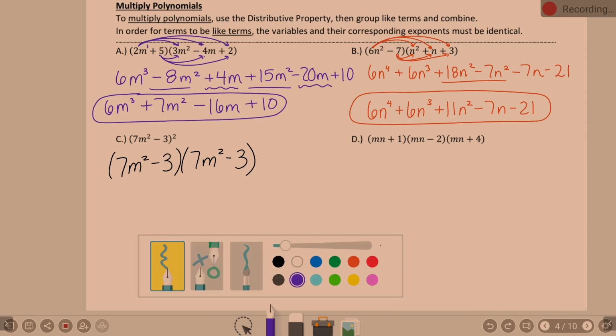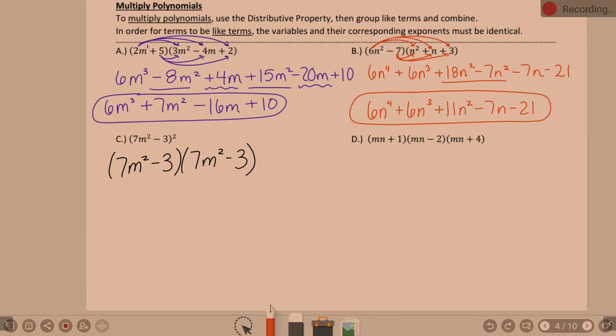Or do some of you maybe think FOIL here? That's what it is also, right? Distribute or FOIL, same idea. So, let's go. 7m to the second times 7m to the second. Okay, the math isn't that big.